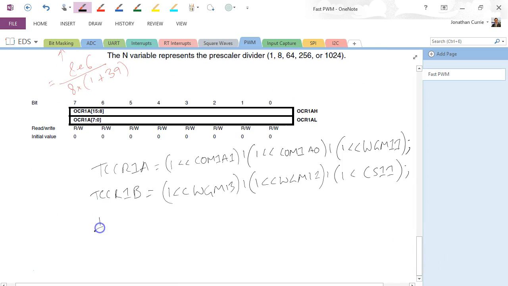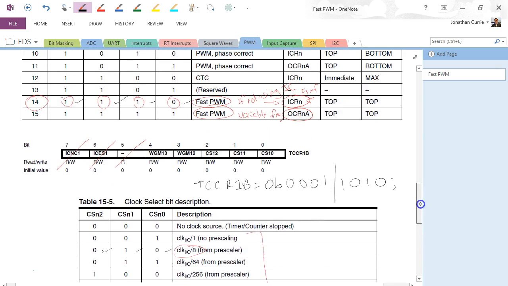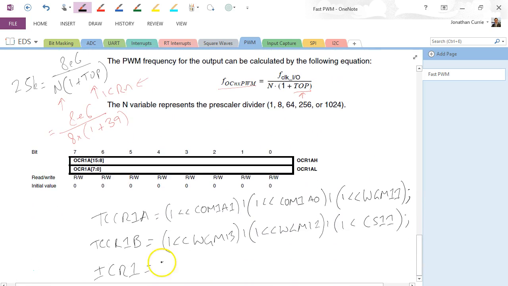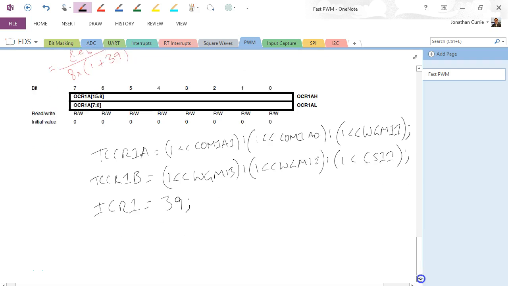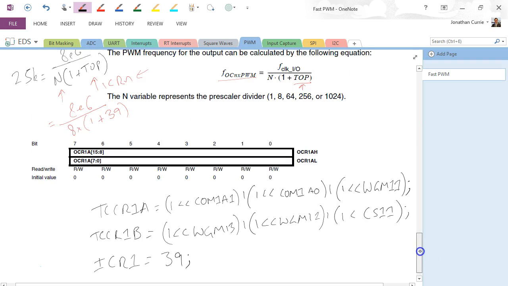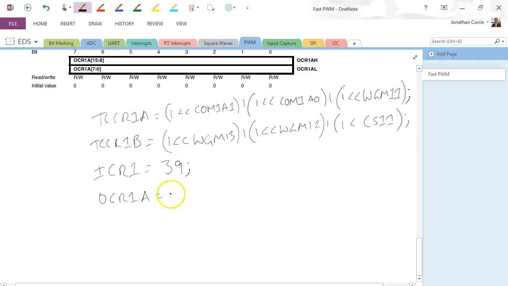We also need to set up our ICR1 register. Pretty sure it's ICR1 and not ICRA. Yep, that would be correct. It is equal to 39. And our OCR1A will be equal to whatever we want our duty cycle to be, where that value can go between 0 to 39.